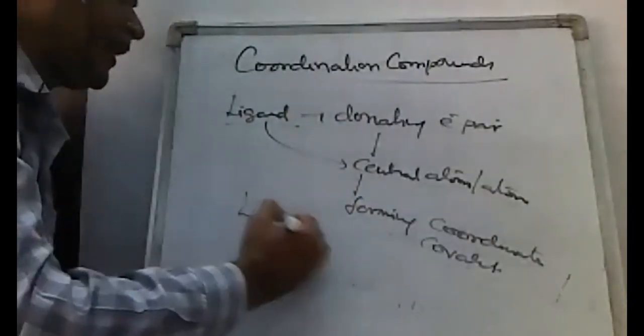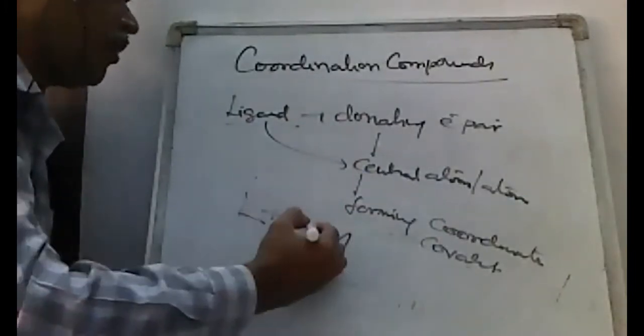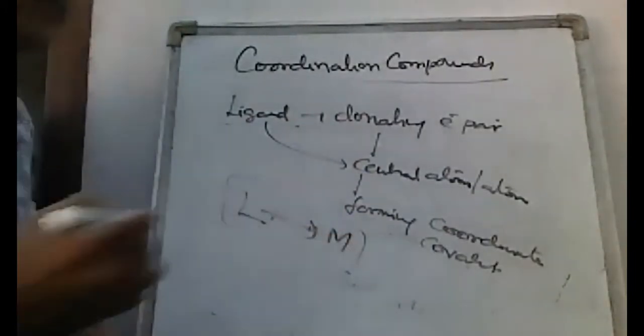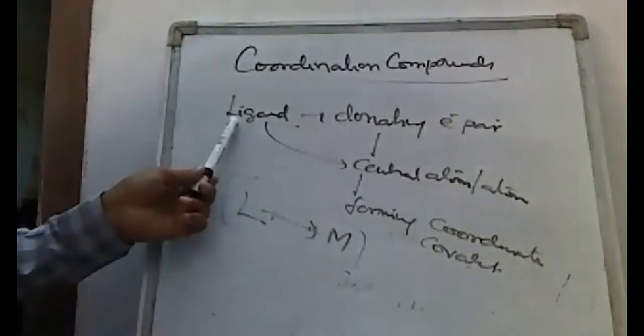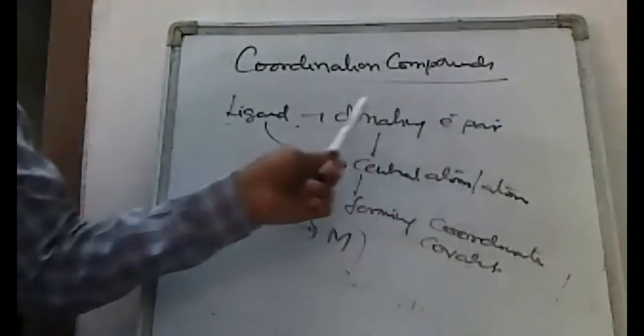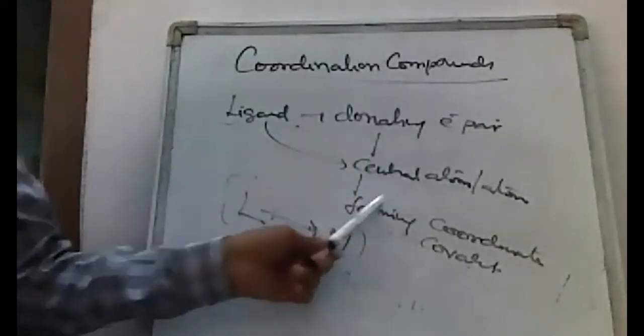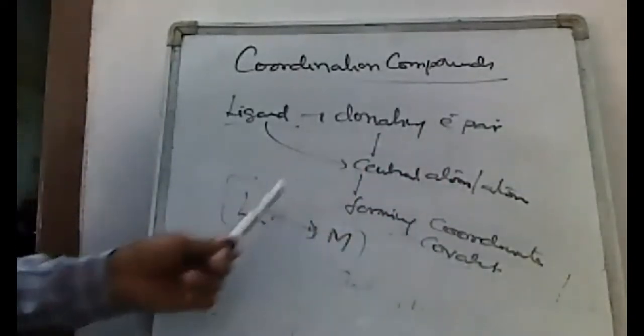You see, the ligand is forming a coordinate covalent bond with the central atom or ion.